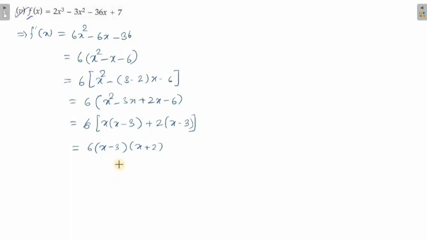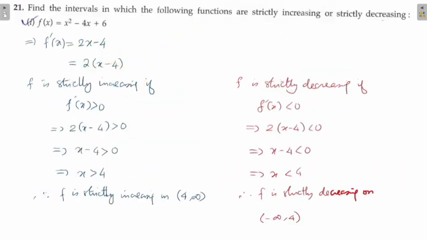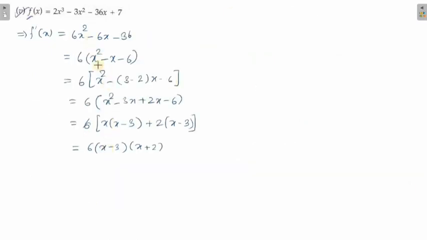Now see, in earlier cases we got linear factors. Linear factor means this kind of factor. Here also we got a linear factor, but here it's a quadratic that has changed into linear. In such a case, you need to find the value of x at which f dash of x is going to be 0, and you have to show the work on a real line.